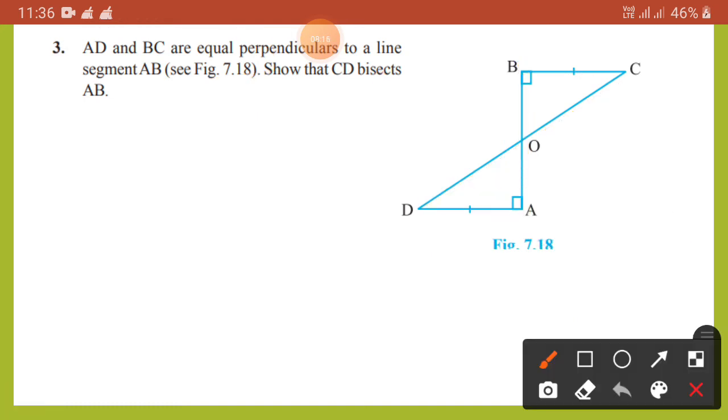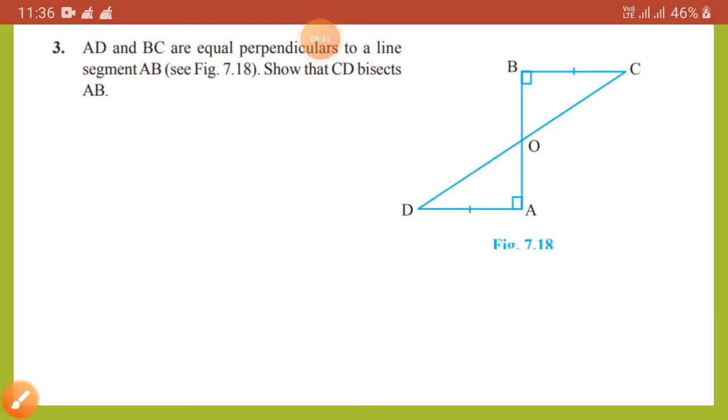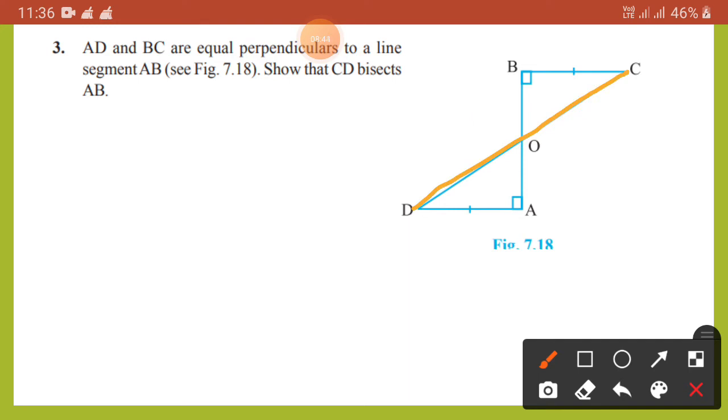Once we have proved that by applying AAS congruence, triangle AOD and triangle BOC are congruent, then easily we can say using the CPCT rule that AO equals BO. So hence we can say that CD, that means this line segment, bisects AB. Okay, go to the next question.